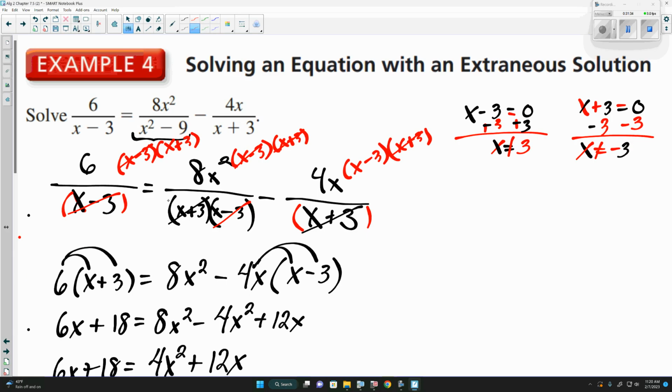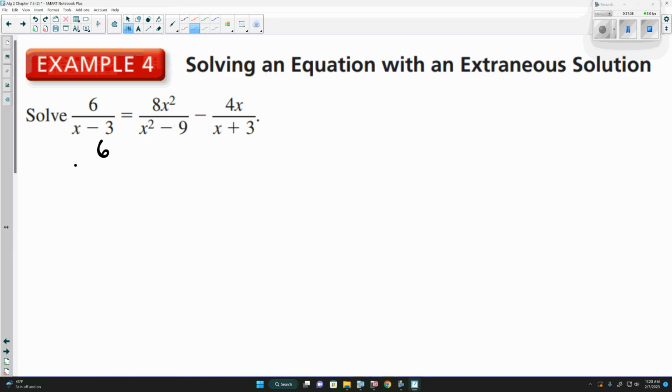Because if we looked at this by hand, 6 over -3 minus 3, and then 8 times -3 squared over -3 squared minus 9.